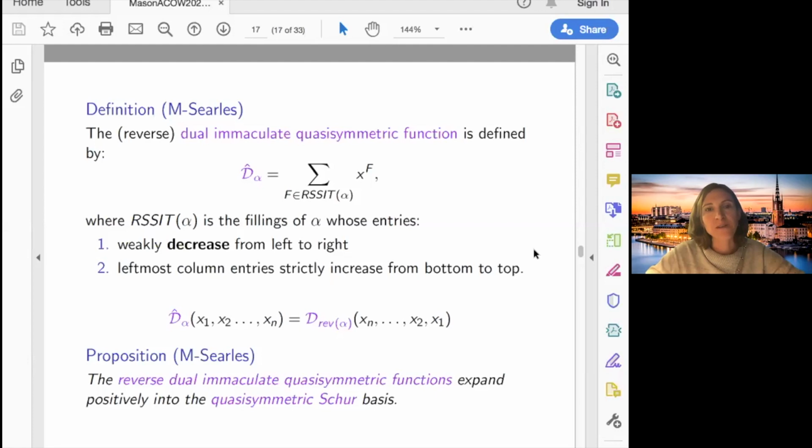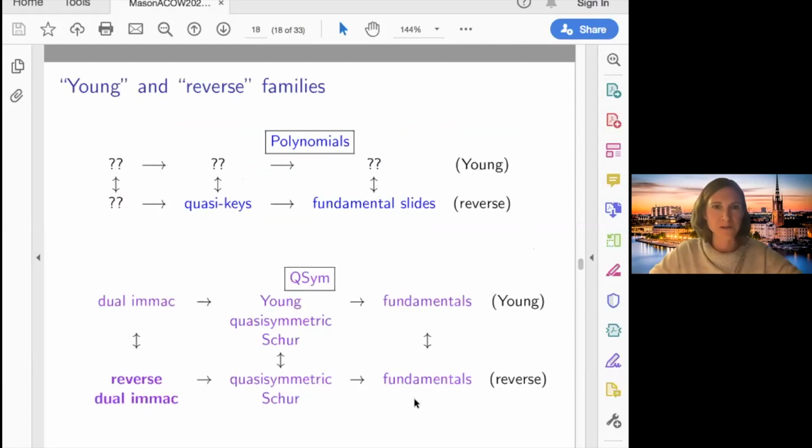And of course, when we do that, we can write down fillings that the reverse dual immaculate quasi-symmetric function is the generating function for. Because of this flip and reversal, the reverse dual immaculate quasi-symmetric functions expand positively into the quasi-symmetric Schur basis, which is what we need when we want to lift up to the polynomial world, where we have a little more work to do.